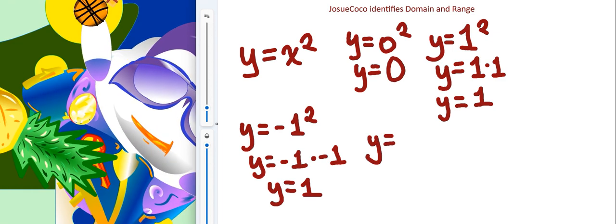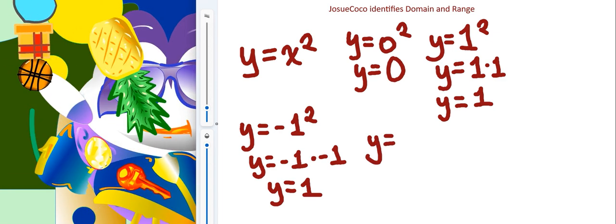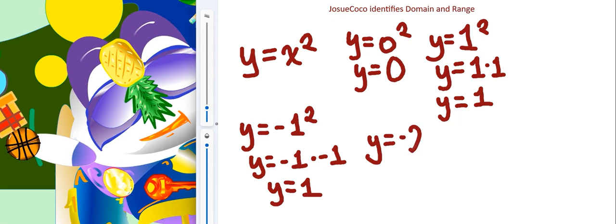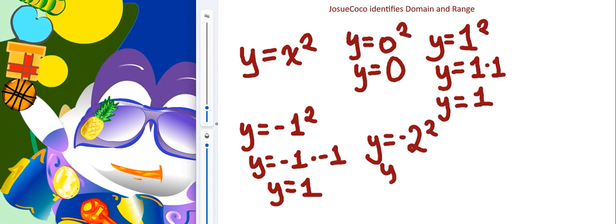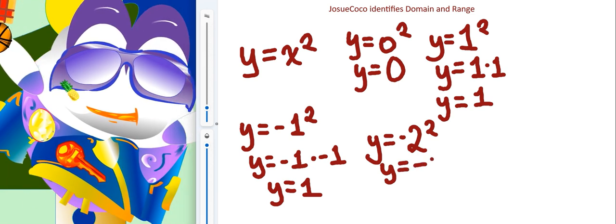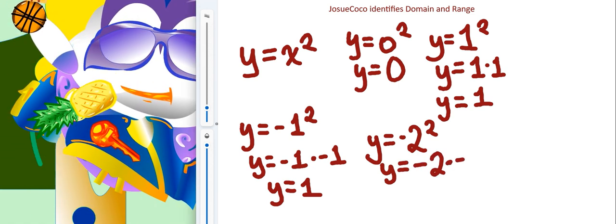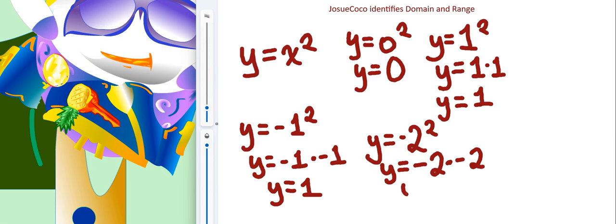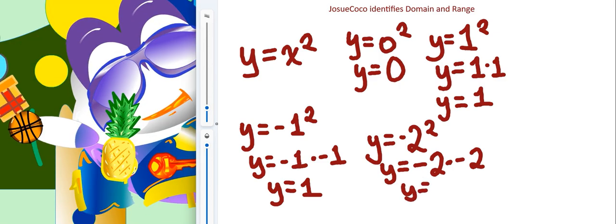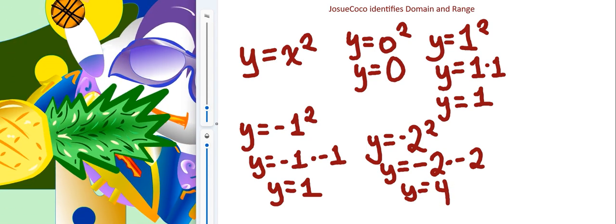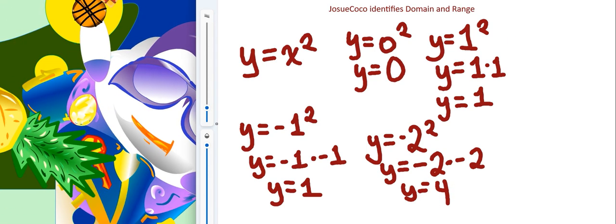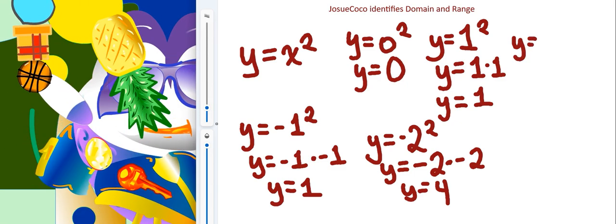Continuing when x equals negative 2, y equals negative 2 to the second power. Y equals negative 2 times negative 2. Y equals positive 4, because a negative times a negative gives us a positive.